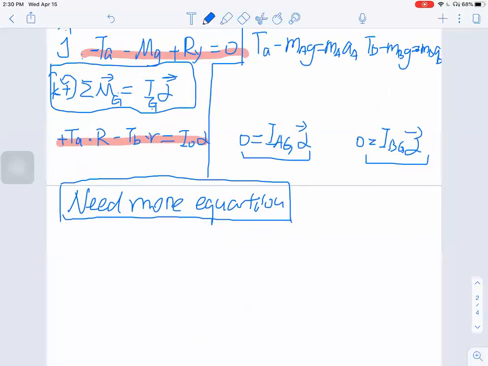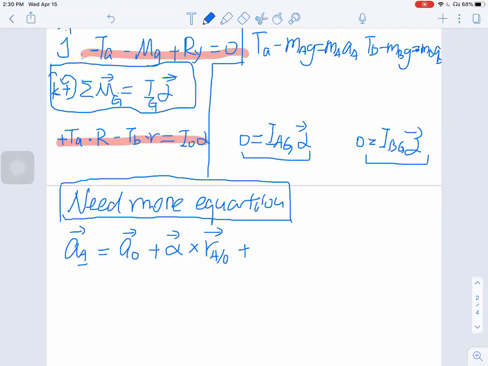So let's look at A_A. This is the equation from chapter 2. A_A, that's one point A, and the other point we're going to look at is point O, since that's a point that's fixed. A_A equals A_O plus, hopefully you still remember the equation, alpha, which is angular acceleration, cross product r_A/O.